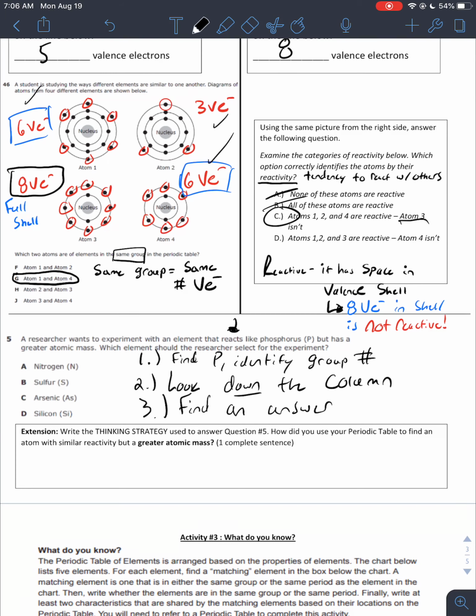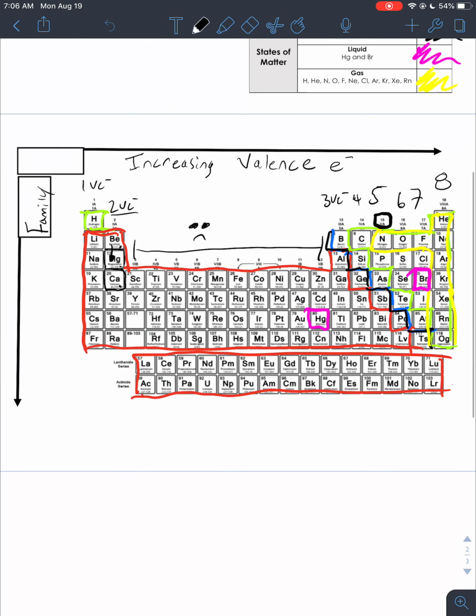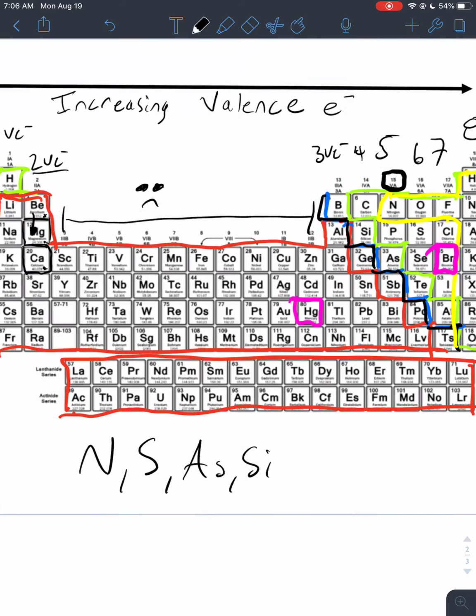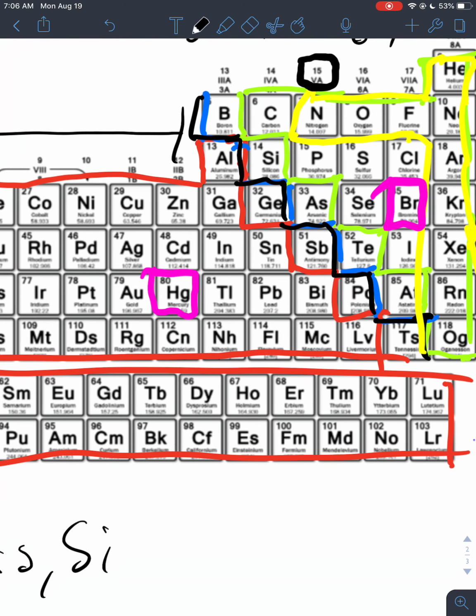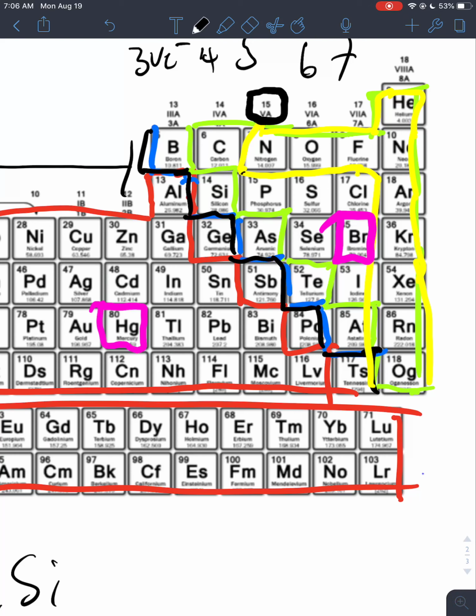Good luck. All right, now that we are back, I'm going to transfer my answer options to the periodic table to make this easier. I have nitrogen, sulfur, arsenic, and silicon. All right. So I need to find phosphorus. That was my first directive. I found phosphorus.